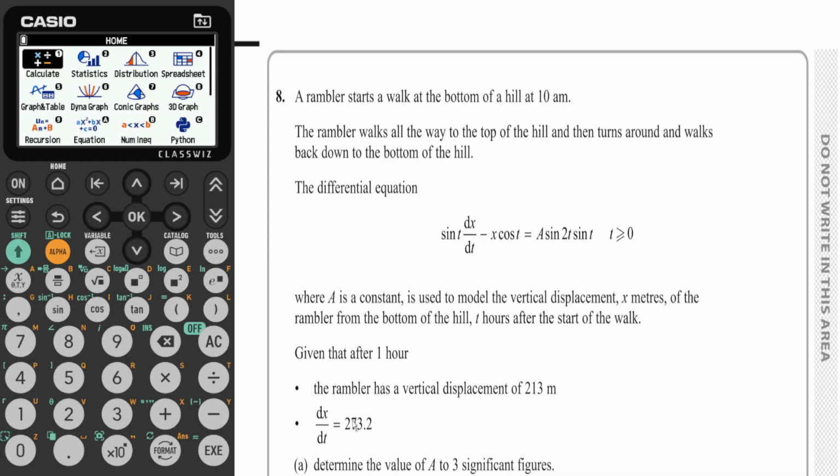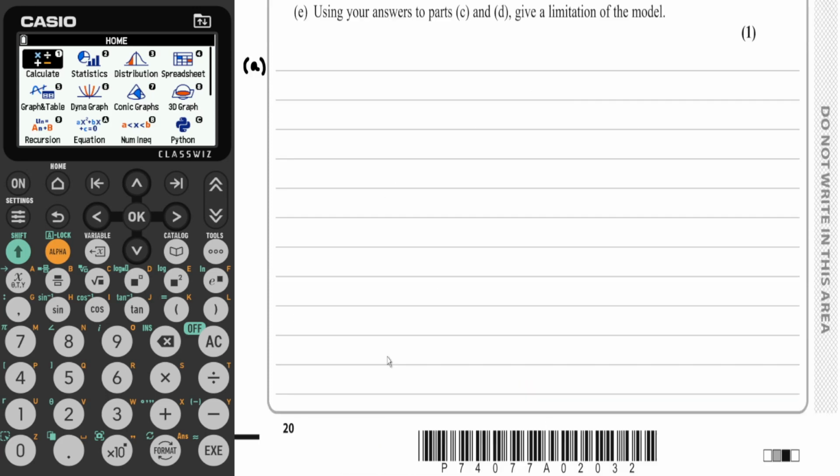Given that after 1 hour the rambler has a vertical displacement of 213 meters and dx over dt equals 273.2, part A, determine the value of a to 3 significant figures.